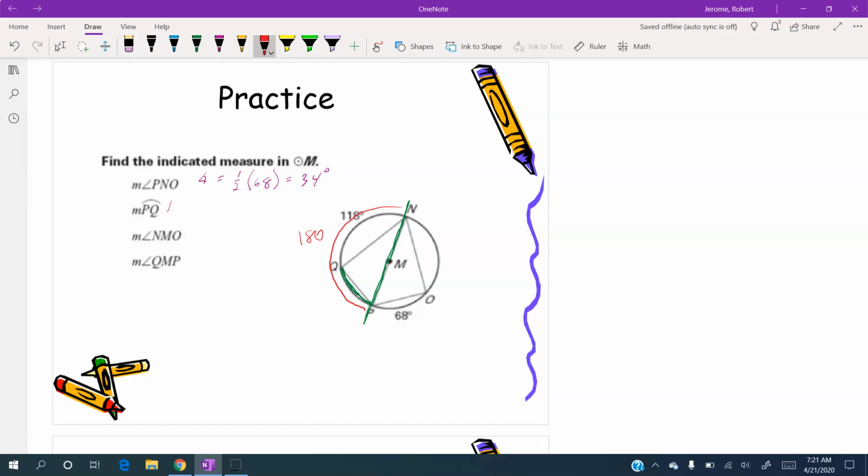So we have 118 plus PQ equals 180. And that's going to let us find the measurement of arc PQ by doing a little subtraction. And we get 62.